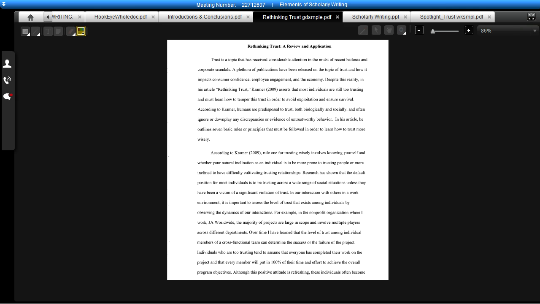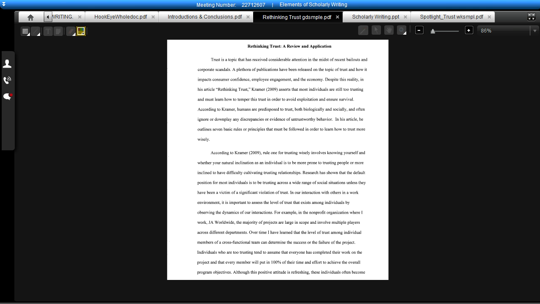Rethinking Trust, a review and application. Trust is a topic that has received considerable attention in the midst of recent bailouts and corporate scandals.